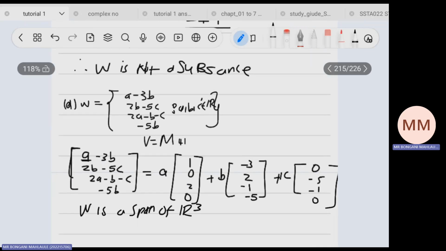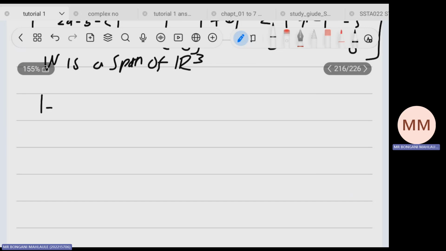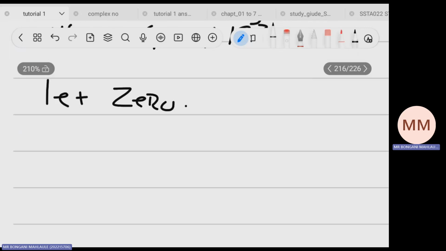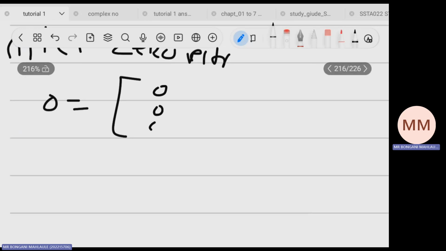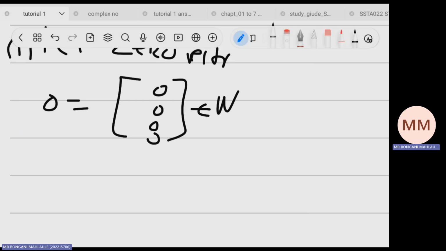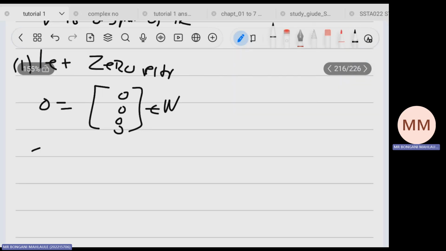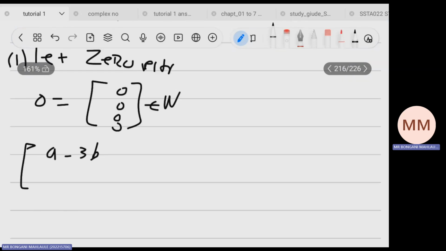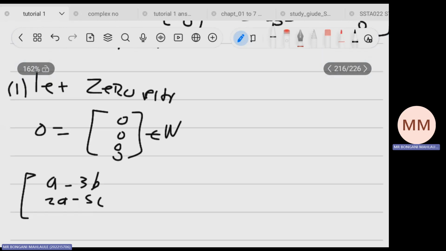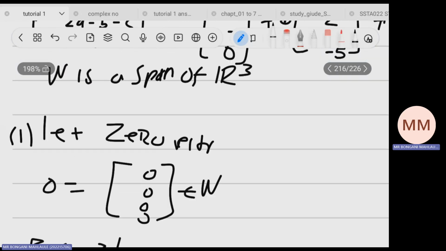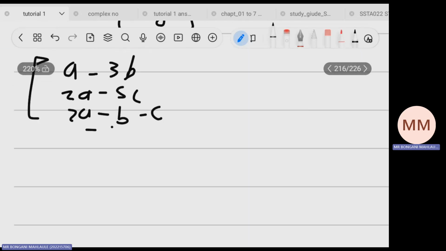So here, if we're not trying to show the span, we can say let our 0 vector be this. So this is the first condition. I want to show you in this way that it is to be an element of W. So this one can be satisfied, but we're going to check it. We have -5b.